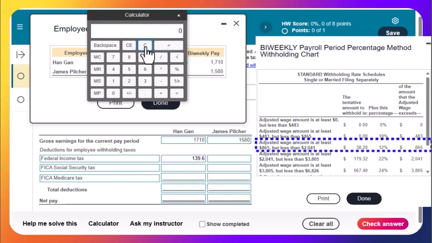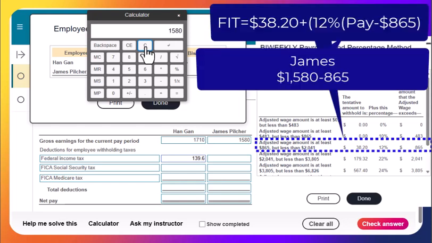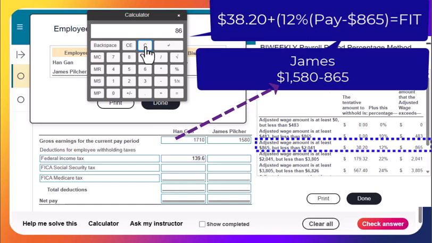Okay, and then we can now move on to James. So we can clear this out. And notice the amount that he makes is $1,580, which happens to also fall in the same bracket here. So we're going to take the 1,580, we're going to subtract out 865.